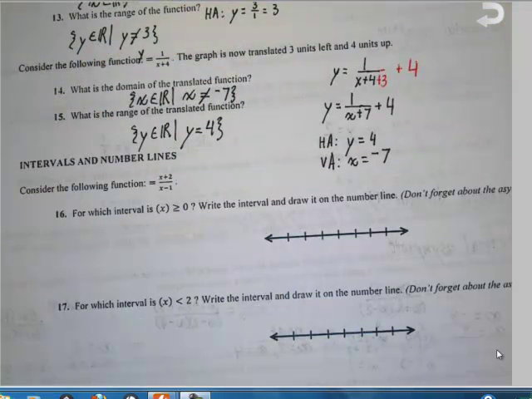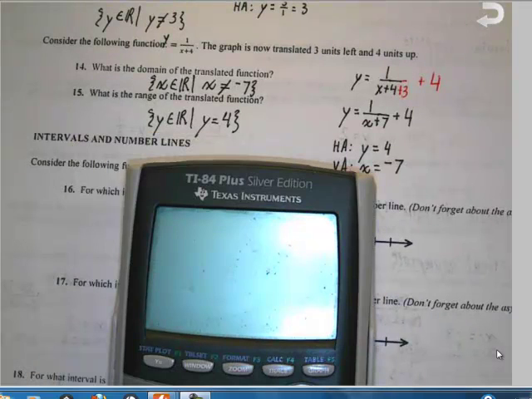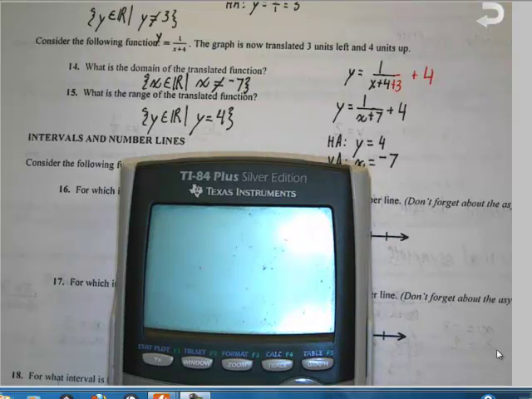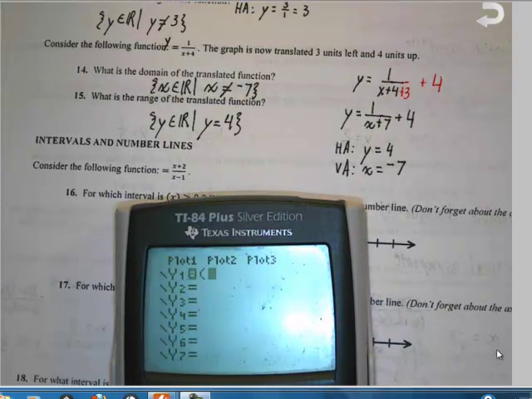One of these days I'm going to figure out how to direct feed calculator imagery into YouTube, but not today. So we're going to turn the calculator on, and you put your numerator in parentheses: x plus 2 divided by parentheses x minus 1. You have to put the parentheses, otherwise things are not going to look right.